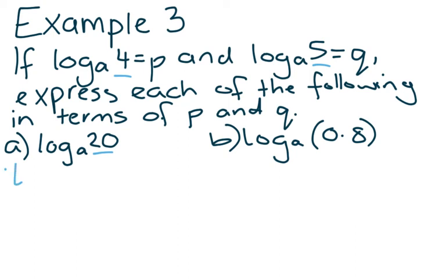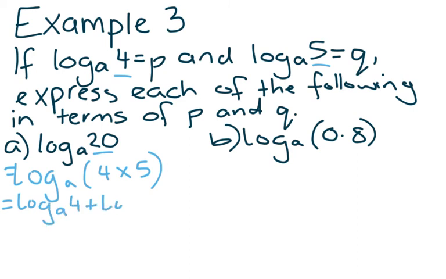So this is log a of 4 times 5, which means it's log base a of 4 plus log base a of 5. And then if we have a look at what they were defined as, that is p plus q. And we would leave it like that because we're asked to express them in terms of p and q.